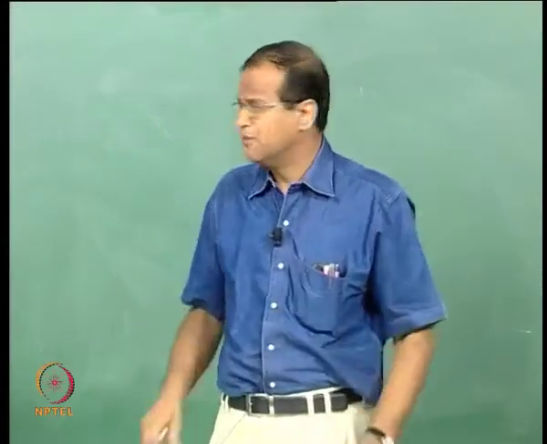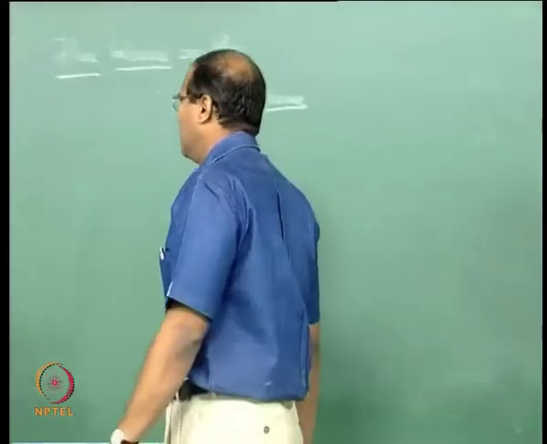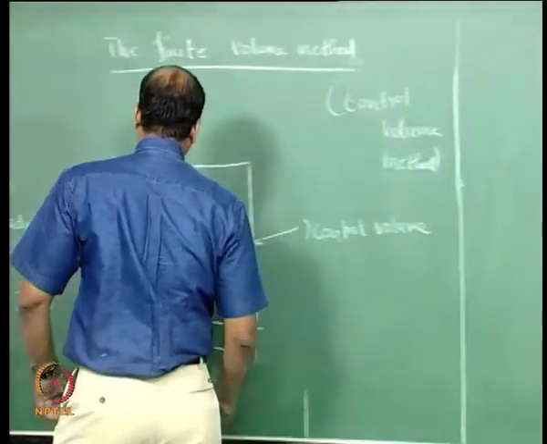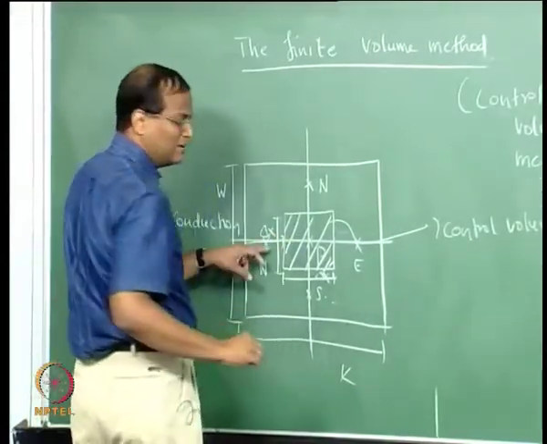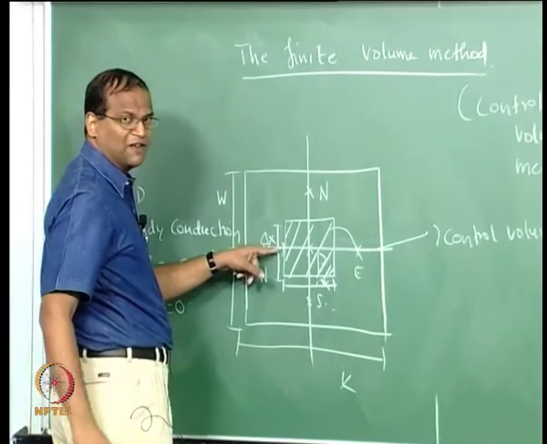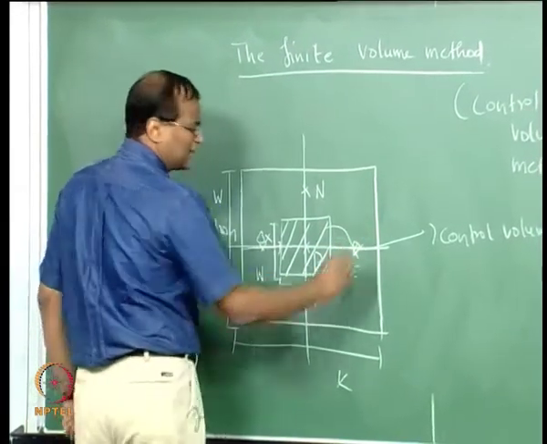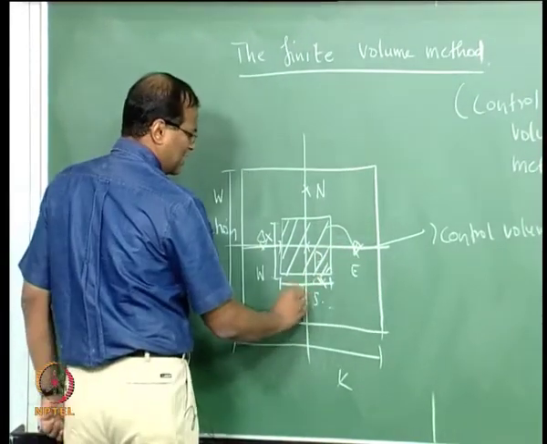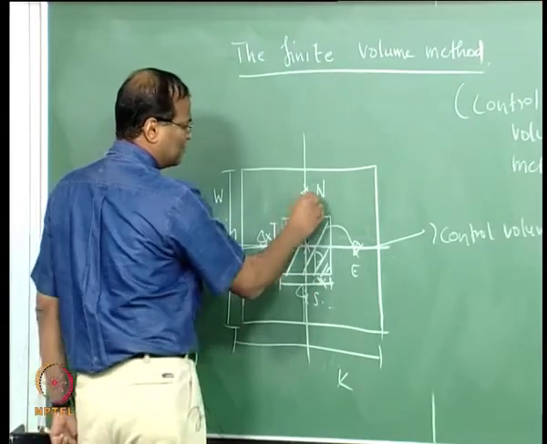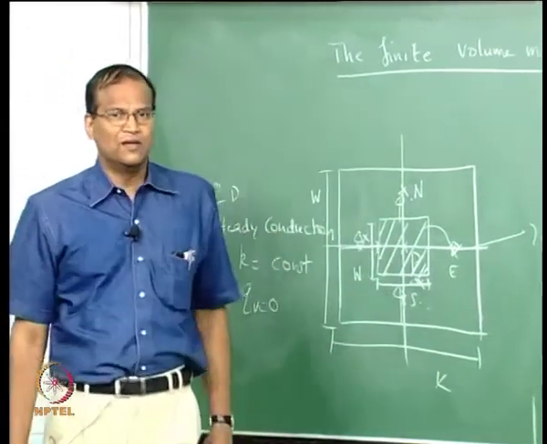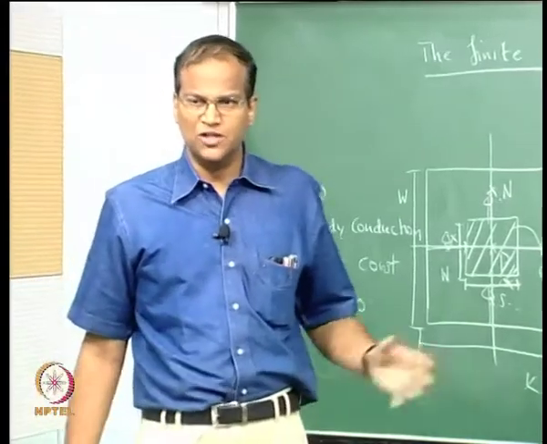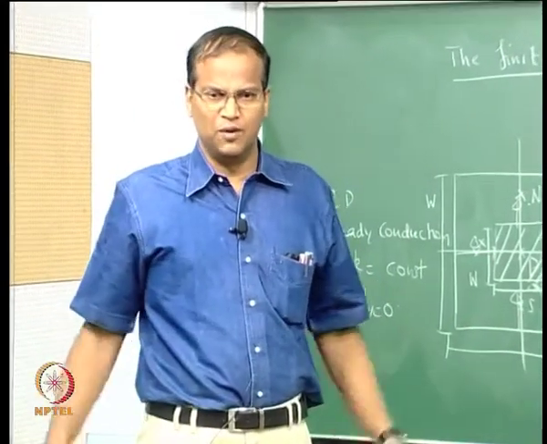Here there is a conduction heat flux which is entering, here there is a conduction heat flux which is leaving, here there is a conduction heat flux entering, here there is a conduction heat flux. The net, the algebraic sum of all these fluxes will be 0 because there is nothing else in this problem.